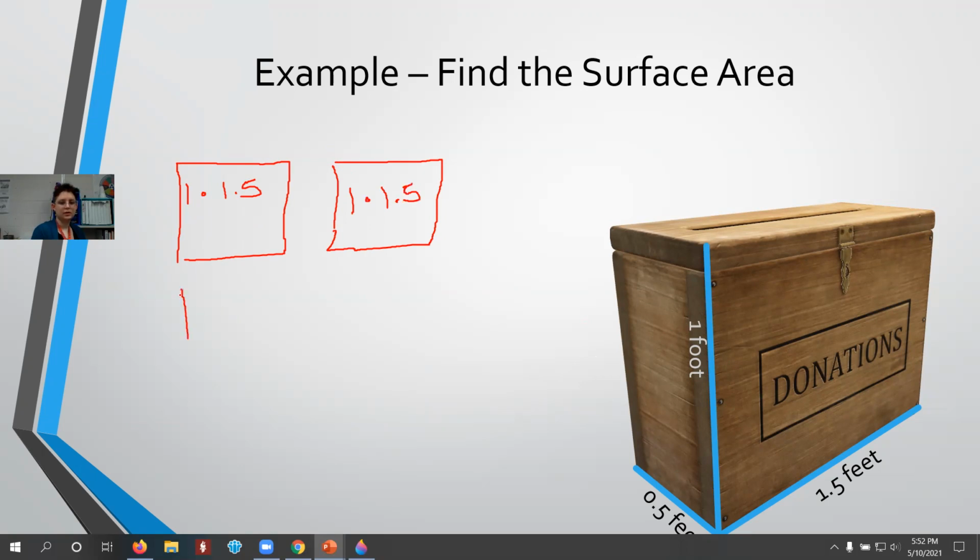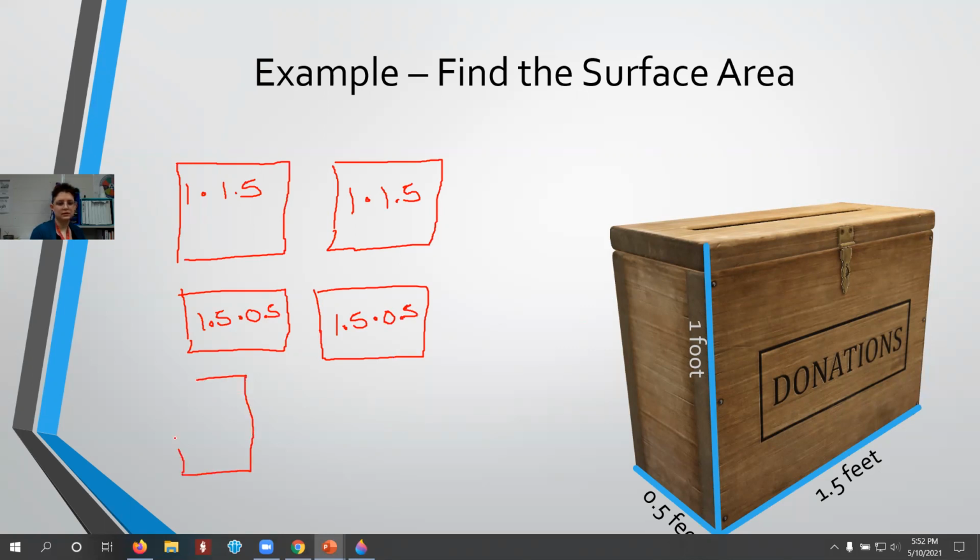We have the top and bottom rectangles, which we can see are 1.5 times 0.5 feet. And we have the left and right facing rectangles, which is 1 foot by 0.5 feet. And again, I'm sorry for my rectangles looking a little blobby, but you get the general idea.